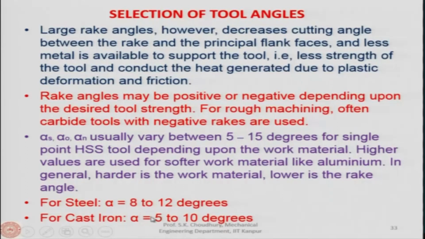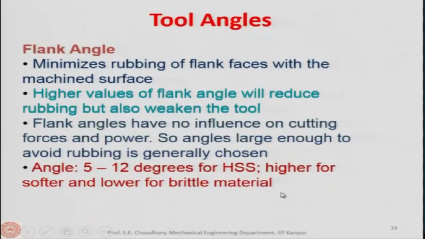As you can see, these values are less than in the case of steel, because cast iron, being a brittle material, is a very strong material as well, I mean a hard material. So for hard material like cast iron, the tool has to be stronger and the rake angle range chosen is therefore smaller.